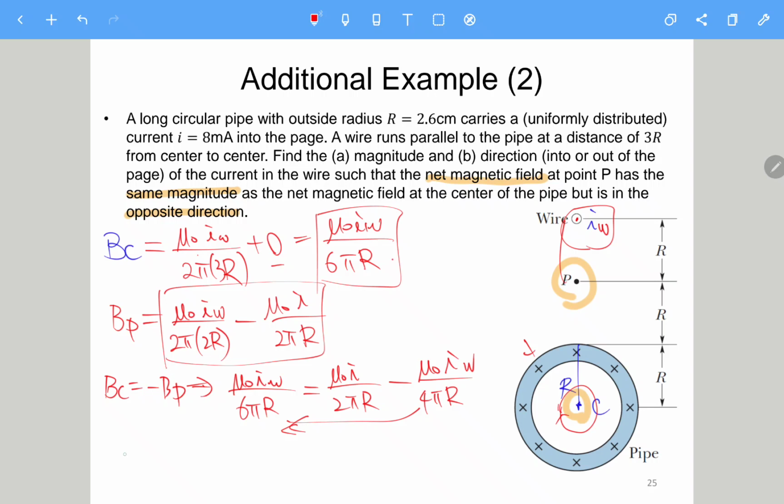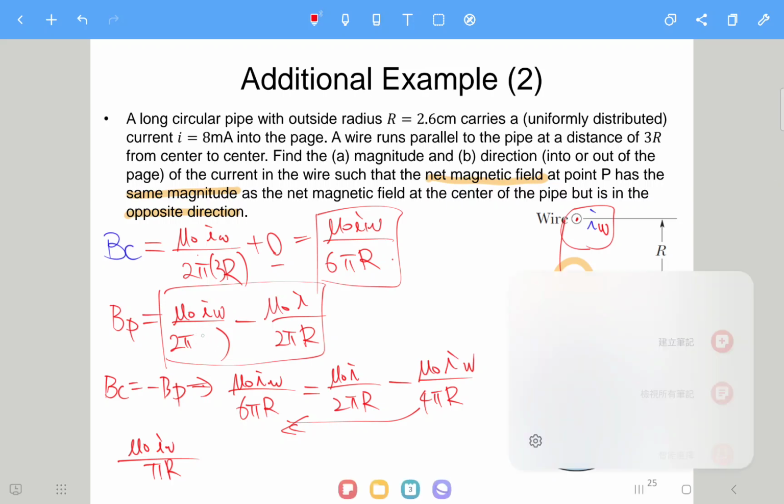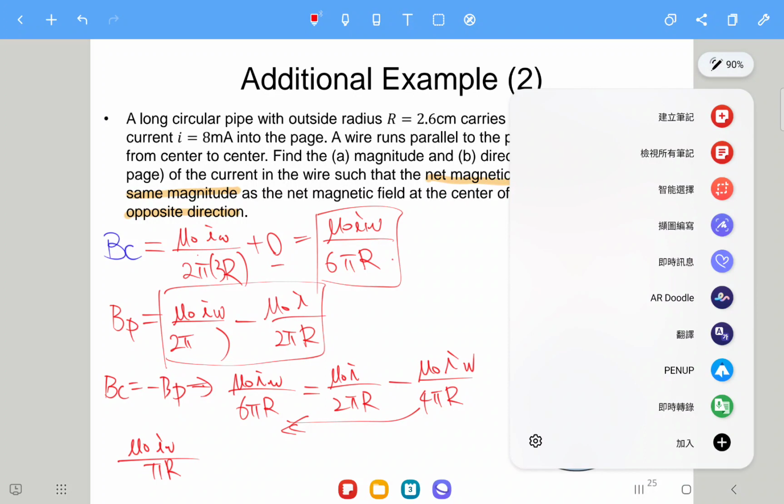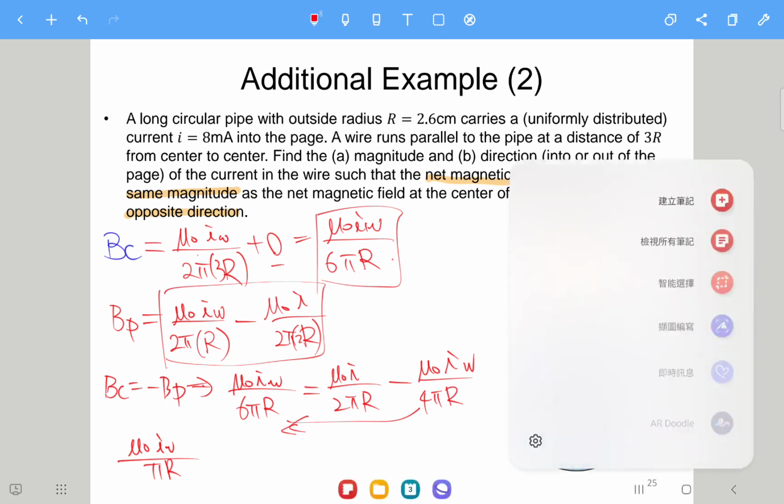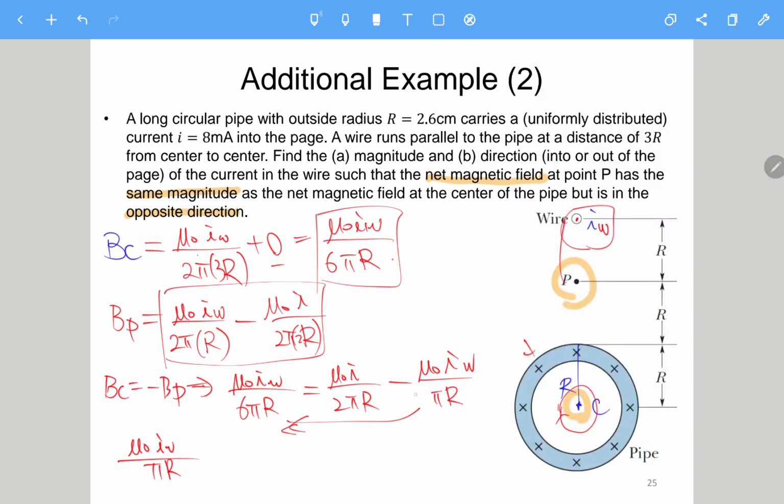So it should be mu0 IW over pi R. This is R, this is 2R, so this is 2 and this is 4.